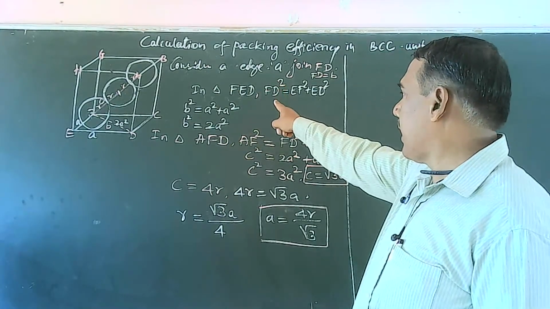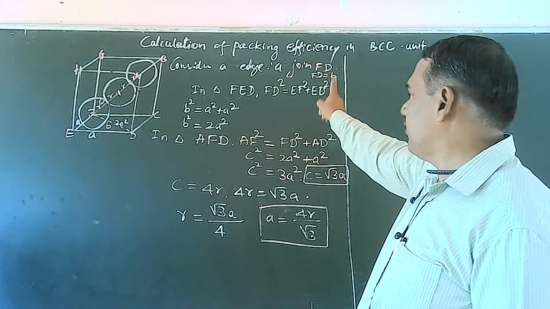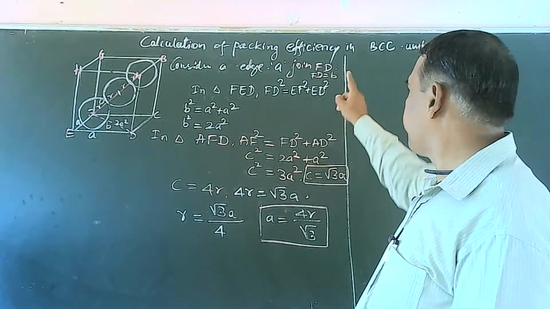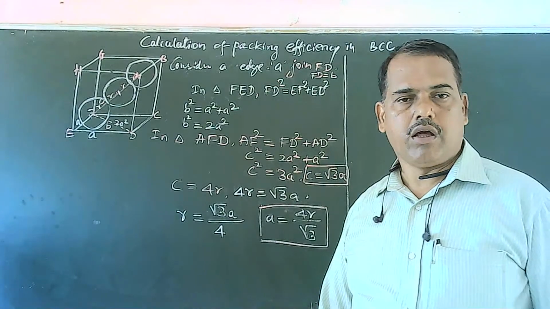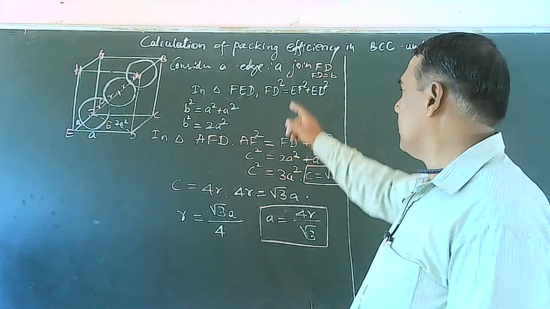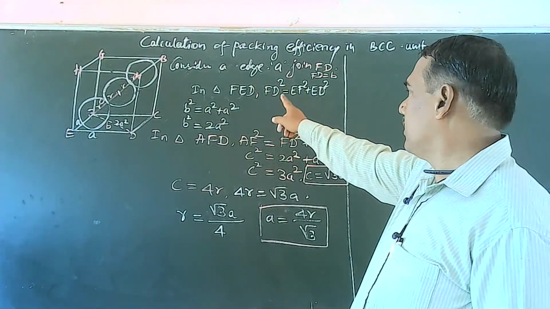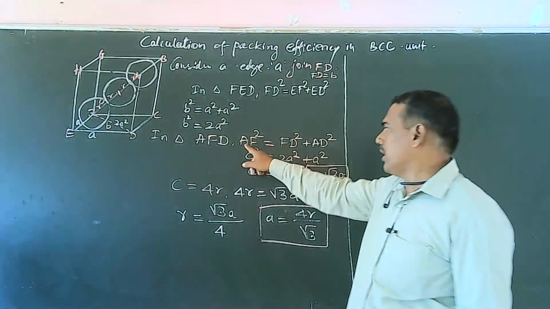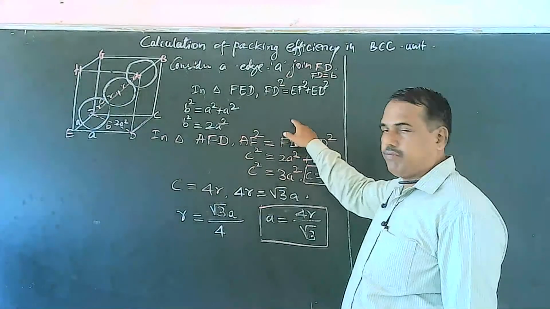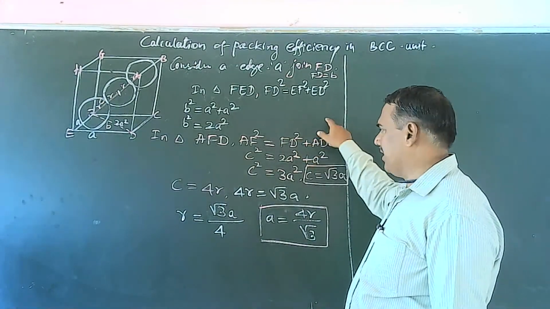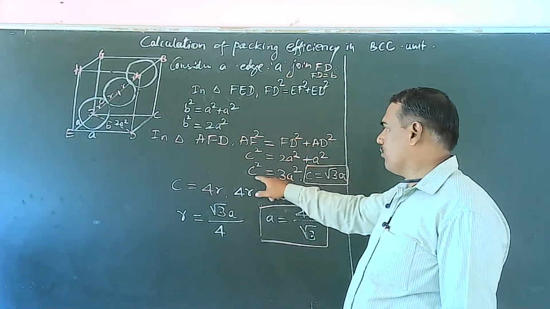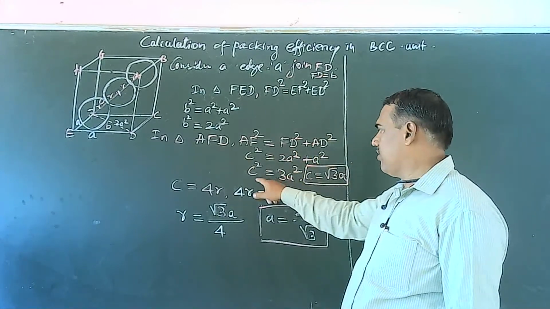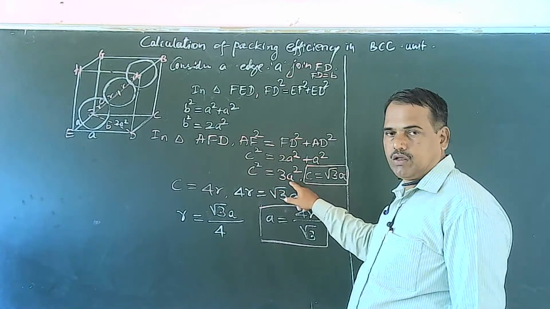Now you have to take in the triangle, FD square is equal to EF square plus ED square. Are you clear? Then in the triangle AFD, you got AF square is equal to FD square plus AD square. Now C square is equal to 2A square plus A square. Then C square is equal to 3A square.